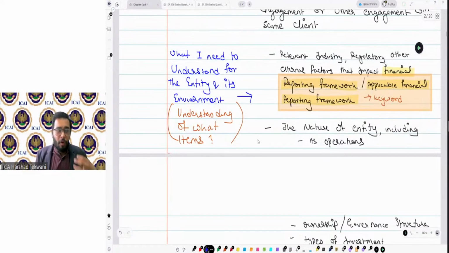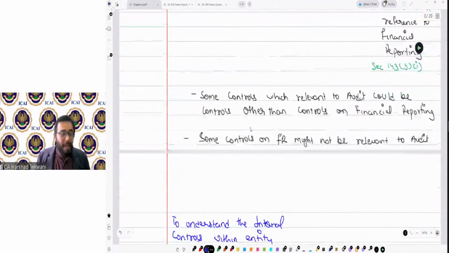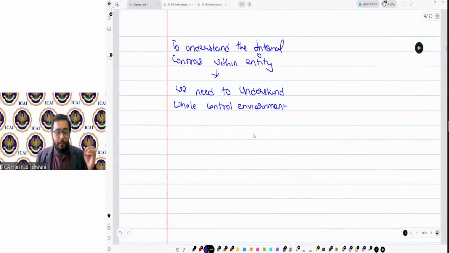Same way when I say control environment, the question is what do I need to understand in it. The way I had factors for the entity and its environment, I will have some factors for internal controls and their environment, usually called the internal control environment. So what are those factors?